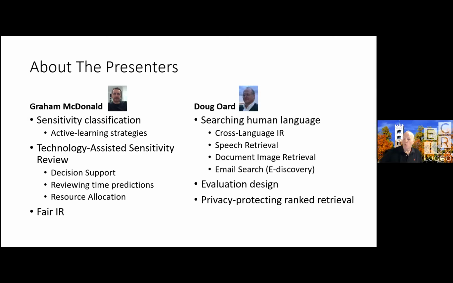Very good. So I'm Doug Oard. My main research interests are in searching various kinds of human language. Probably best known for my work on cross-language information retrieval. But speech retrieval has been a long-standing interest of mine. And when working with searching speech, you run into sensitivities almost immediately.